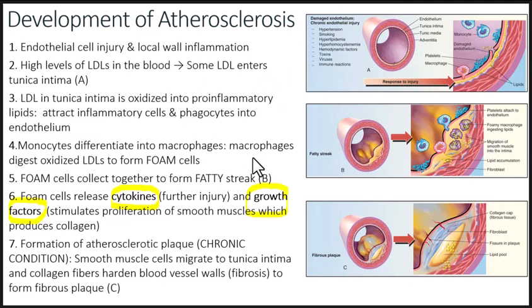The growth factors that it spits out are going to stimulate the production of smooth muscle. And remember, smooth muscle here is all part of our tunica media. When we produce more smooth muscle cells, and you can see more being produced here, these additional ones are going to produce collagen.